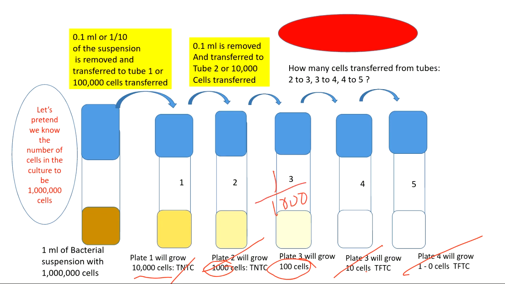That is 100 cells in 0.1 mil, which is what was plated. So 100 cells in 0.1 mil. Okay, how many in 10 times more? That will be 1,000 cells per mil.